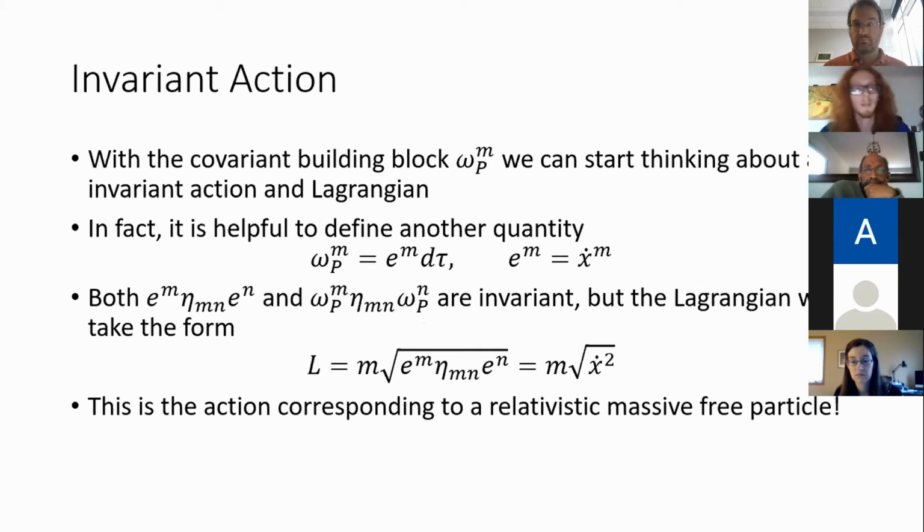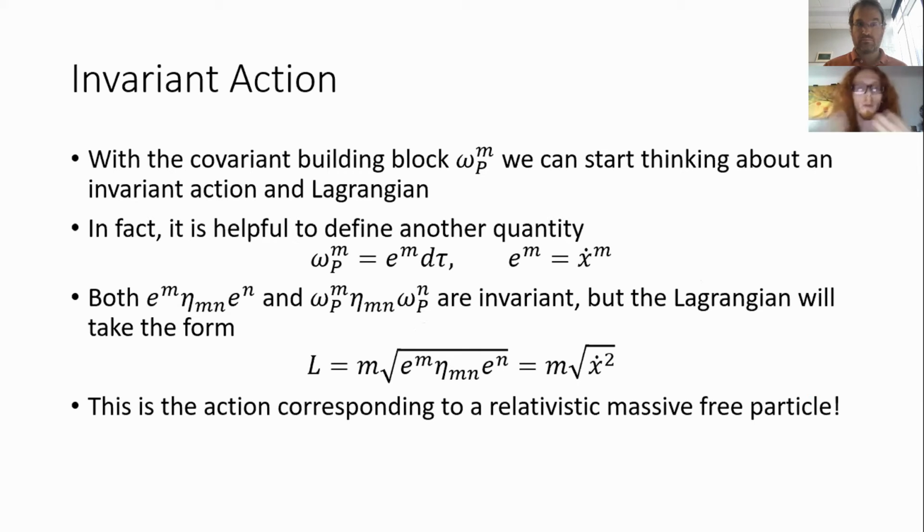So, like I said, with this building block, we can start thinking about this action and Lagrangian and Euler-Lagrange equations and all that good stuff. But in fact, it's helpful to define another quantity, which is kind of inspired from field theory, but for our purposes, we can just define it in this way. And interestingly, when we contract that with the eta metric, it's invariant. This is analogous to a dot product, where we're taking the components of each vector and multiplying and adding them together.